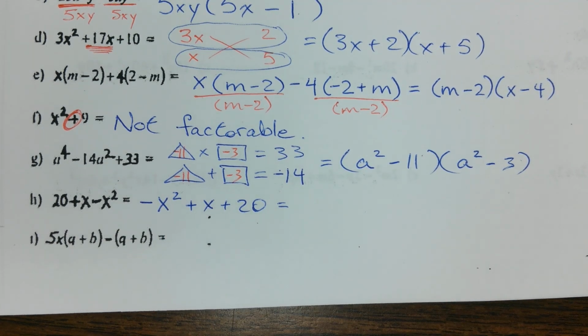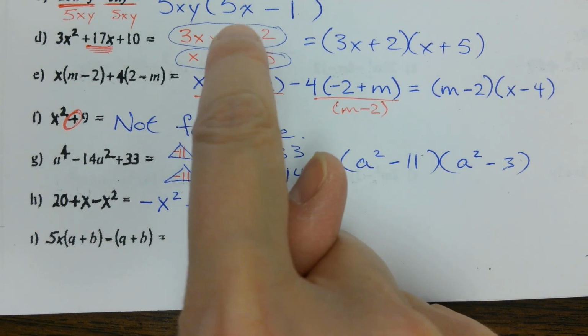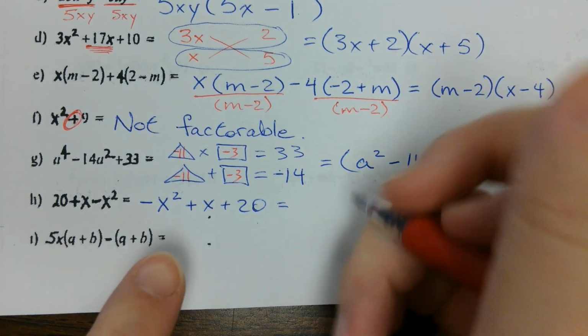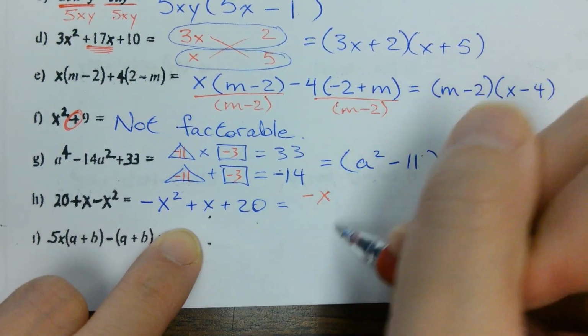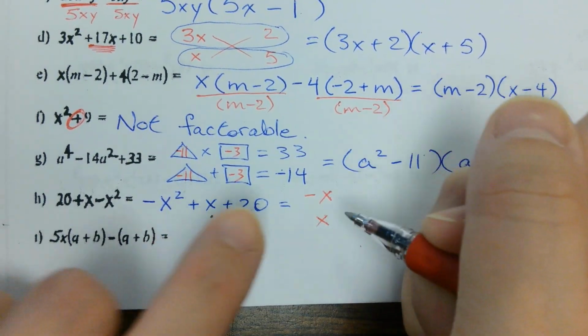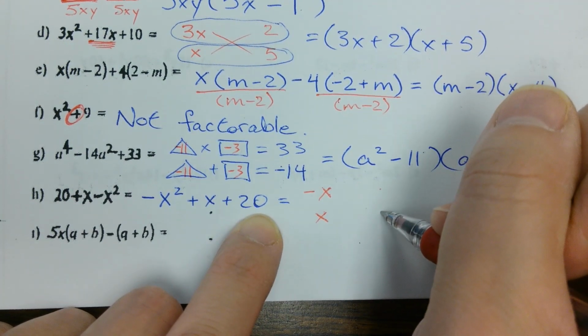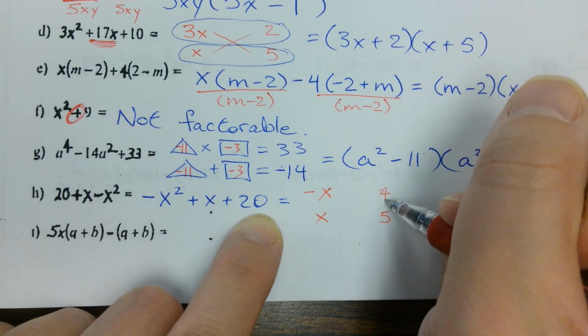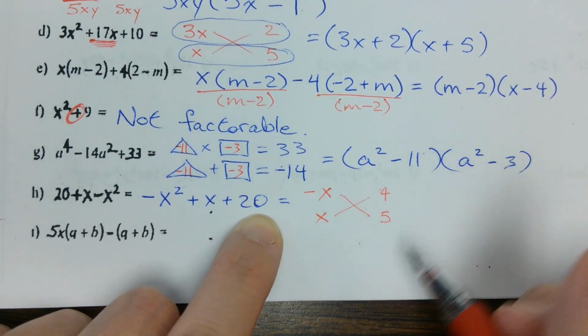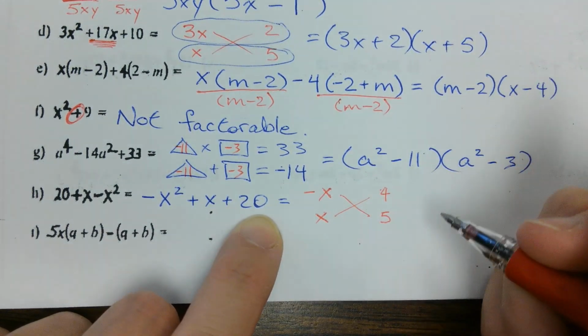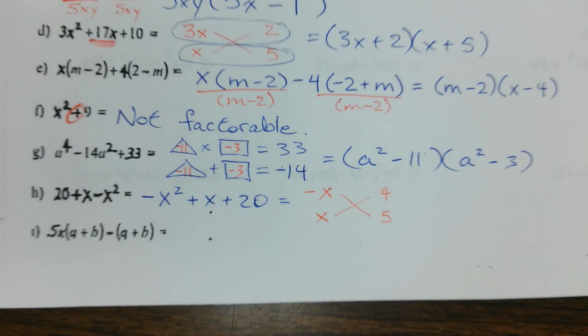Since it's negative 1, I have to do it like this. So break it up, negative x, x, and then 5 and 4. So when I cross multiply, I get, nope, I need the other way. 4 and 5.